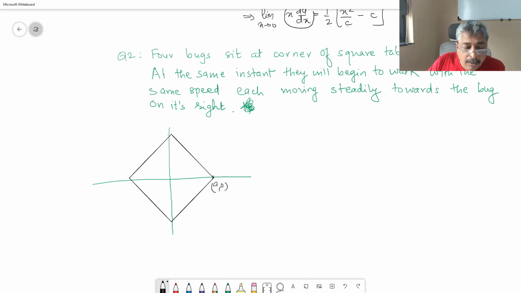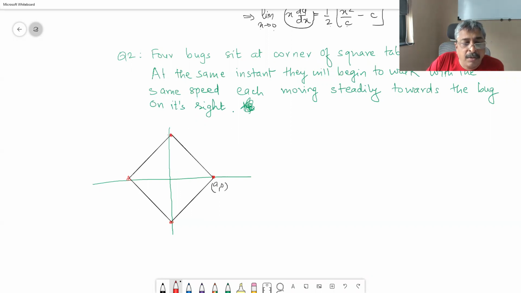Okay, and now you have a bug at 4 places, 4 corners, here, here, here and here, and this will start moving by looking at this. This will start moving by looking at this.